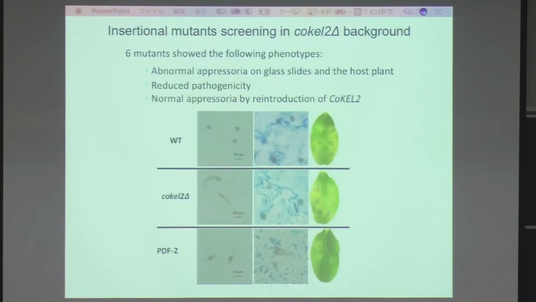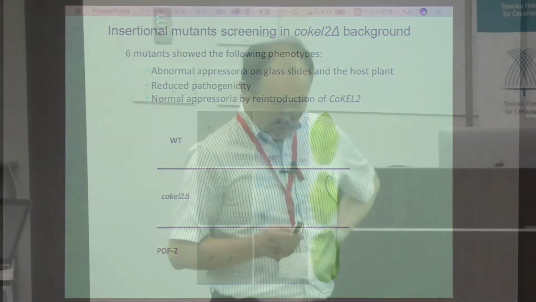And successfully, we obtained 6 mutants with the expected phenotype, with abnormal appressoria formation on the glass slide and also on the host plant, and showed reduced pathogenesis, but formed normal appressoria by reintroduction of COK2 complementation, the redundant pathway. And from one of the 6 mutants, named PDF2, we were able to identify the disrupted gene as the Saccharomyces cerevisiae PAG1 homologue gene.